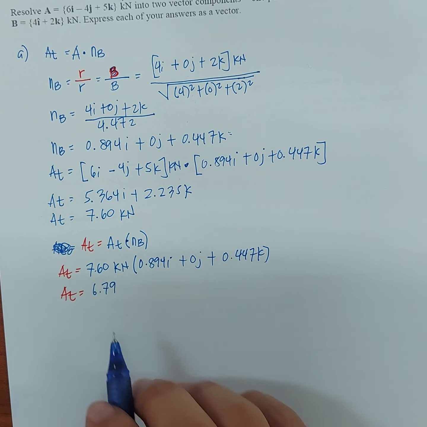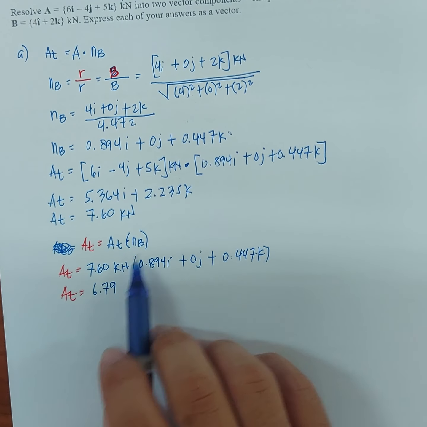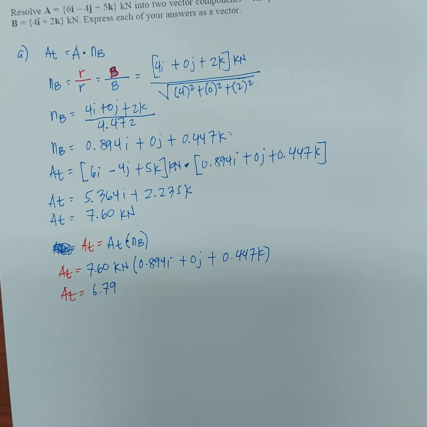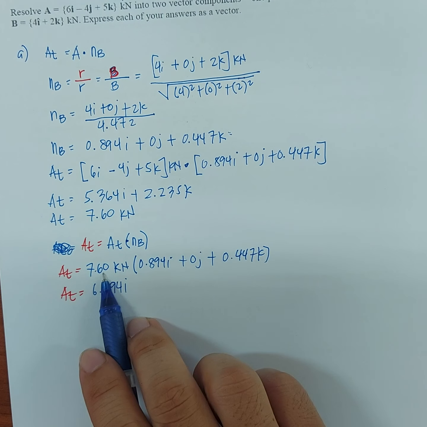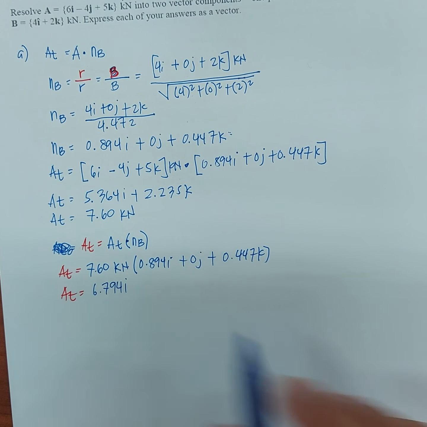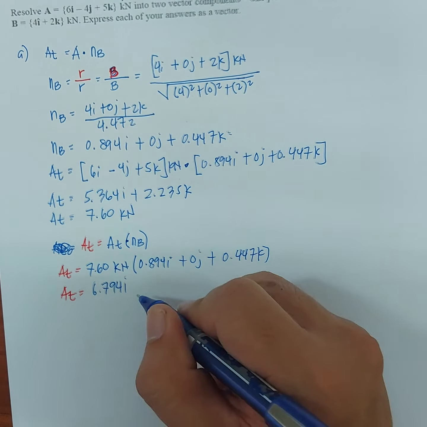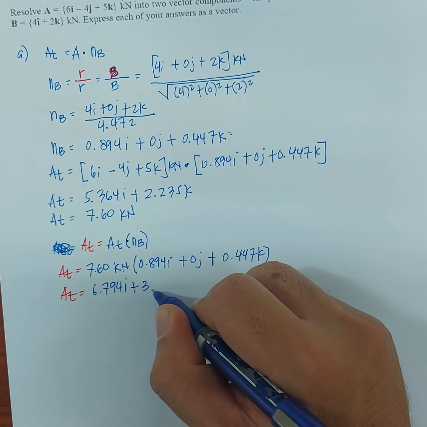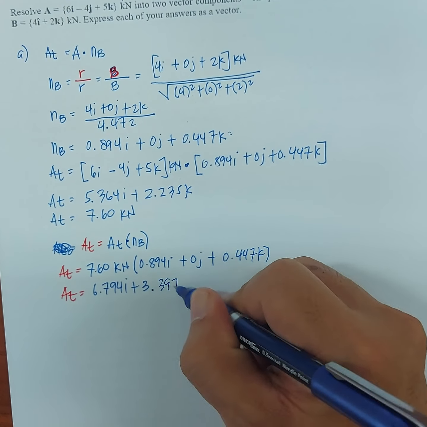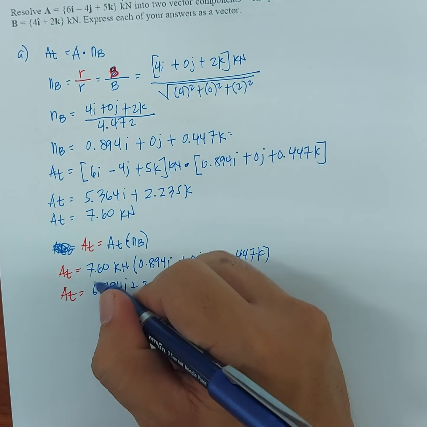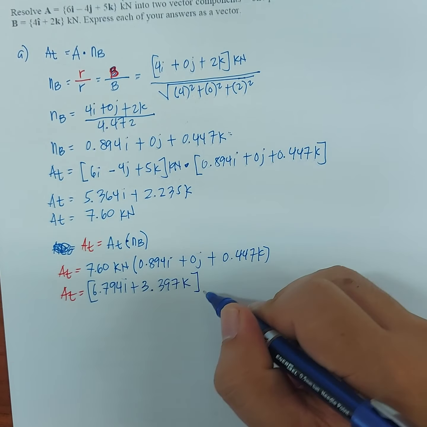So we distribute inside. We have 6.794i, 7.6 times 0 is 0, and 7.6 times 0.447 is 3.397k. This is in kilonewtons.